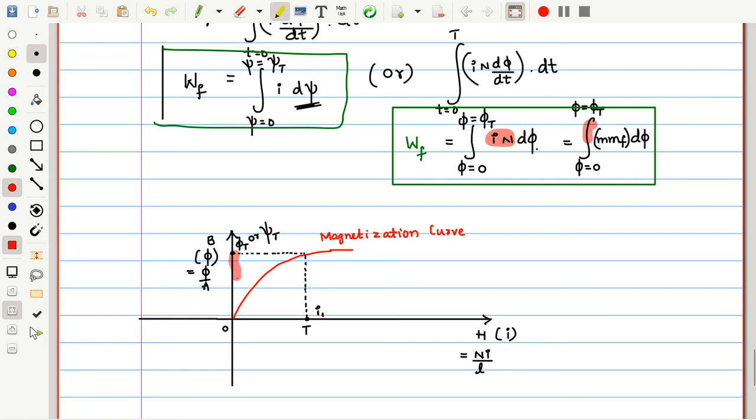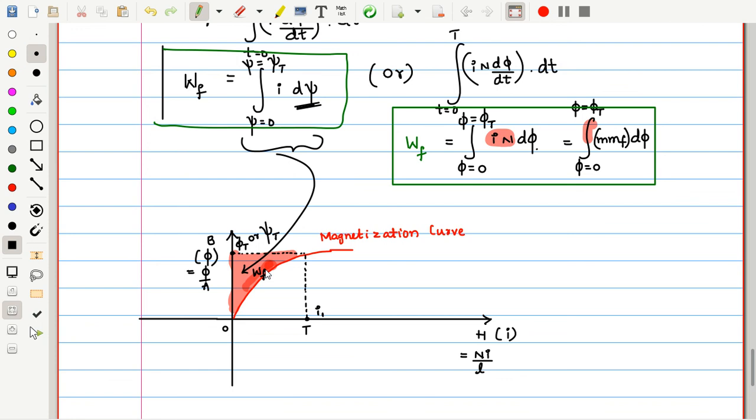The area under this characteristic is the area which basically represents this integration. This we call the stored energy in the field.